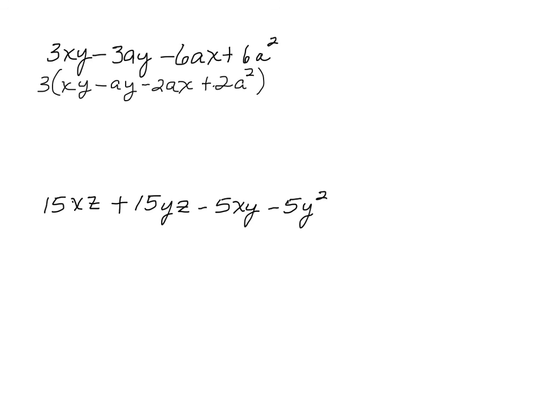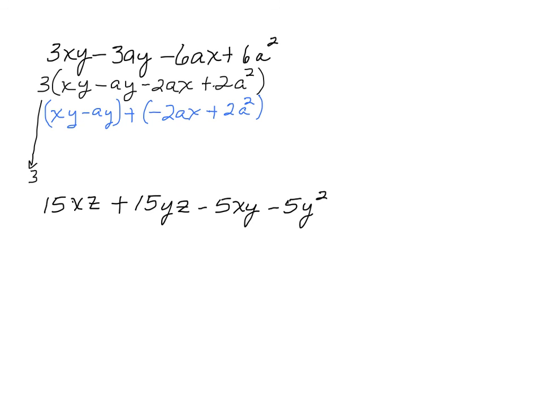Now, once we do that, we can treat the 4-term polynomial the way we have been. But remember, the 3 is going to follow us all the way to the end. Don't forget that. So now we have to group. I'm going to write this in blue. We write these as xy minus ay, plus negative 2ax plus 2a squared.